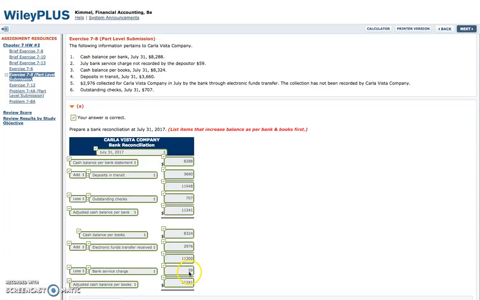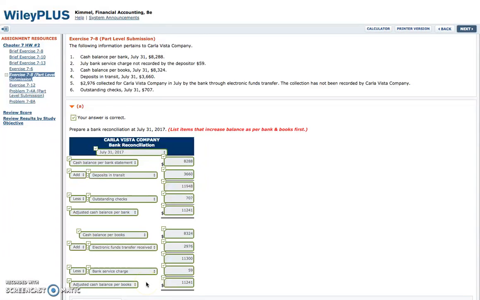That total is $59, and that is the only unrecorded payment that we have. So we subtract from the 11,300 the $59. And again, our number here is 11,241.